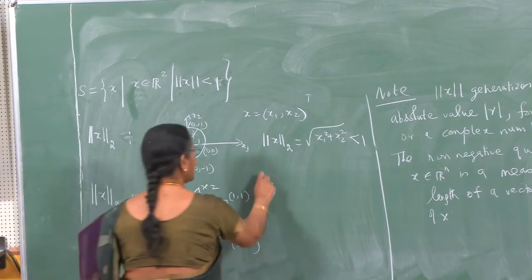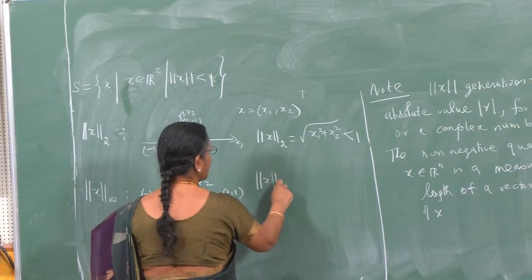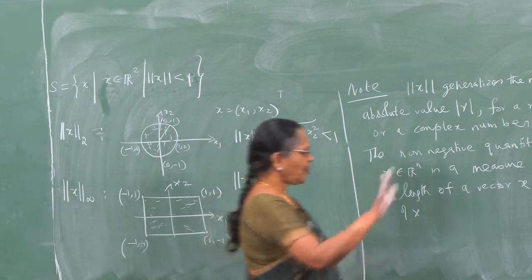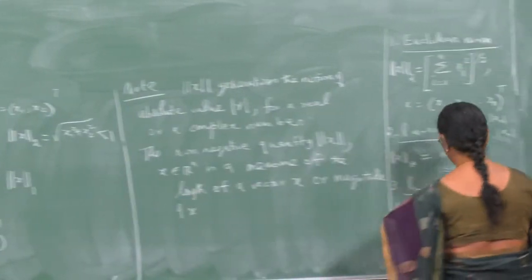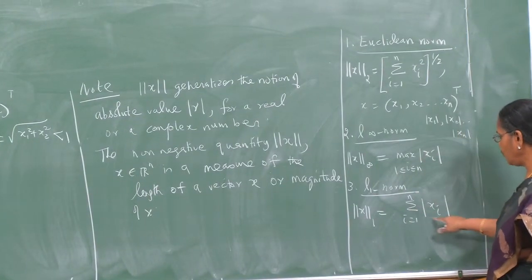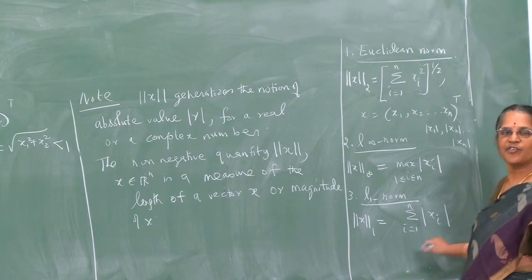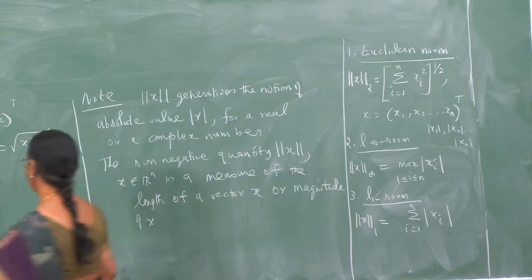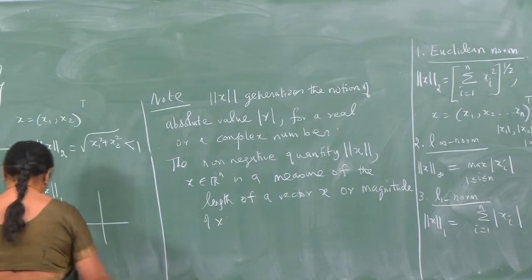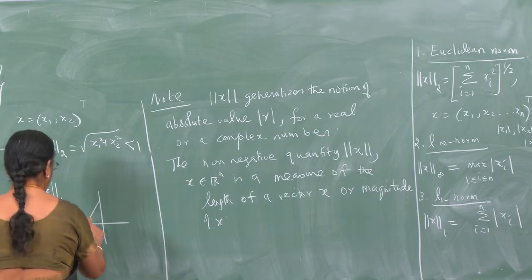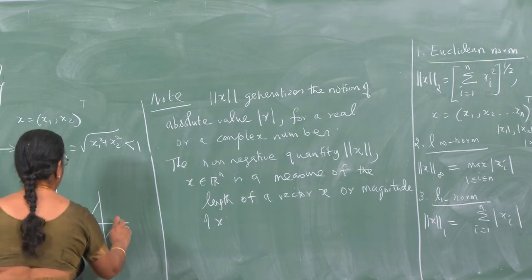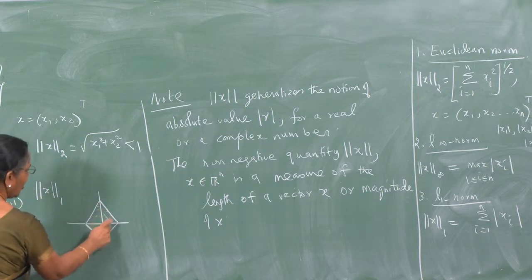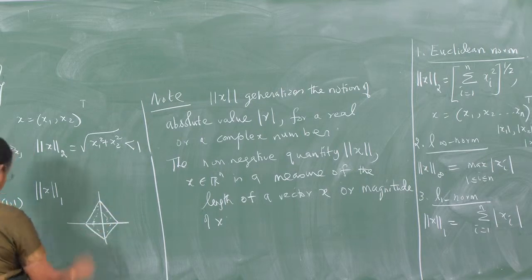What about the third case? What if you use the L1 norm? So, you must have all those points in the two-dimensional plane such that the sum of the absolute value of the components of each of these vectors that you take must be less than 1, and therefore, in the two-dimensional plane you will have a set which consists of all those points which satisfy the condition.